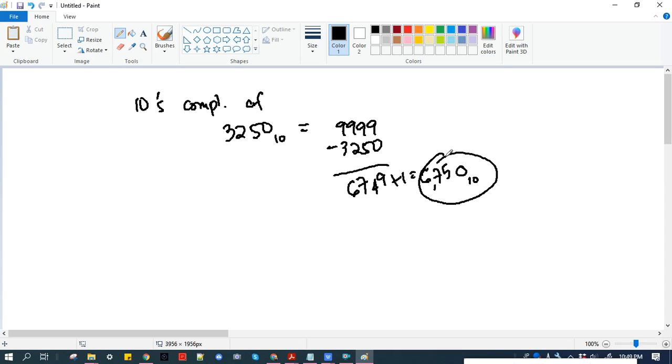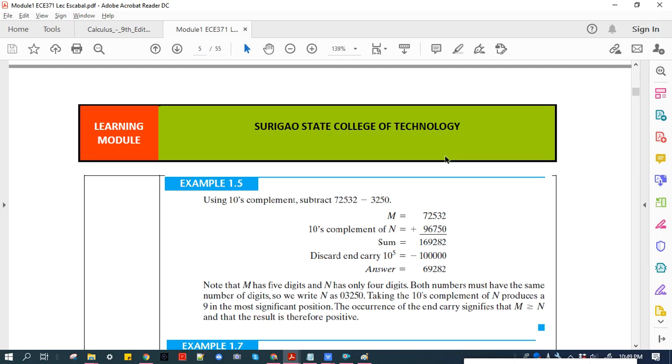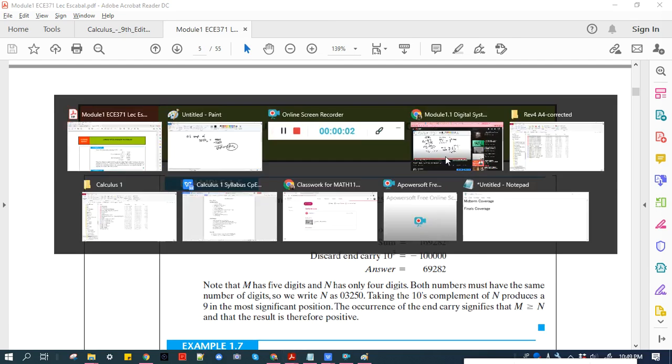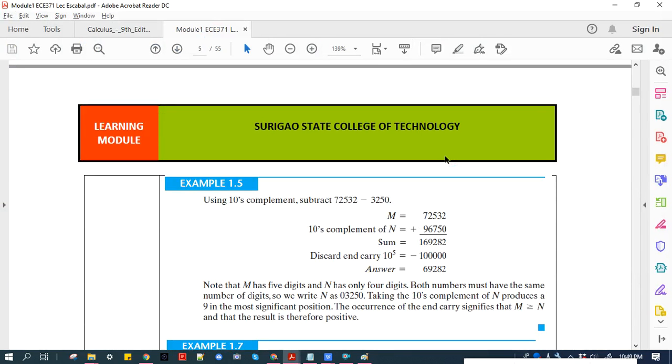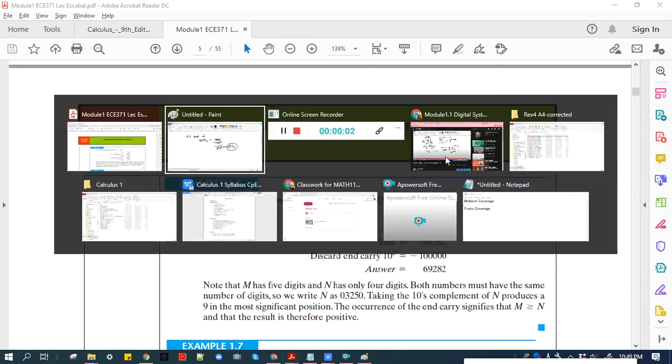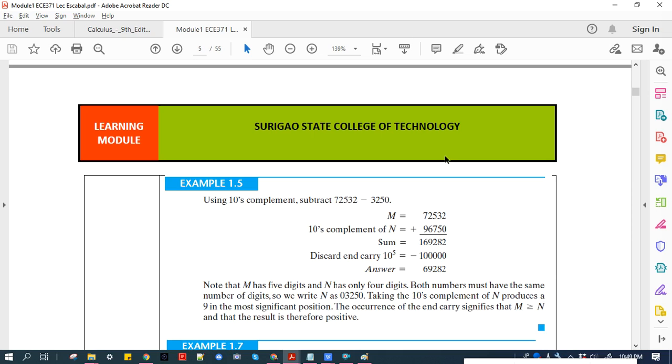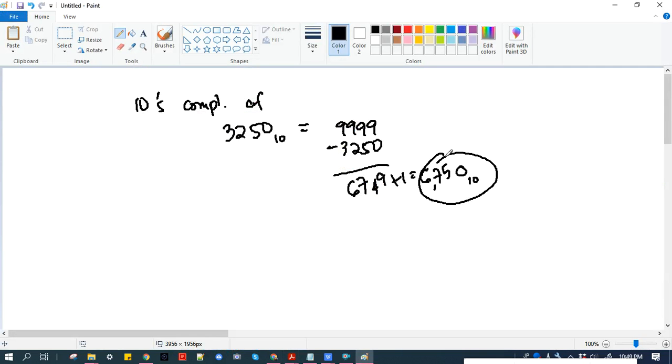So 96750? Huh? What happened? Tens complement of N. Right, be careful of the number of digits.